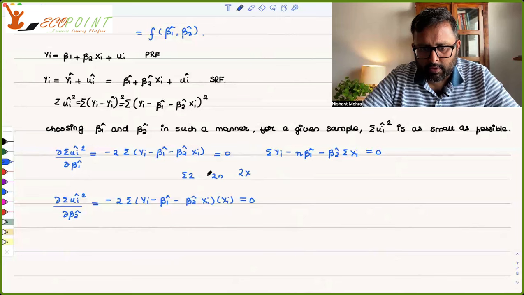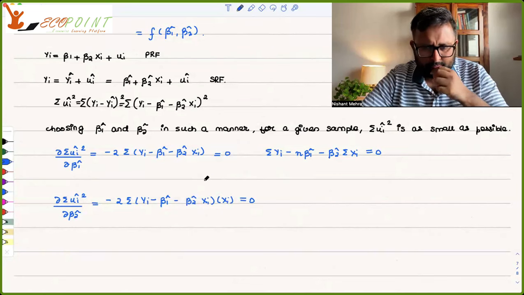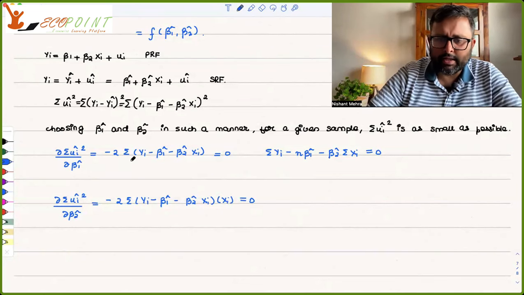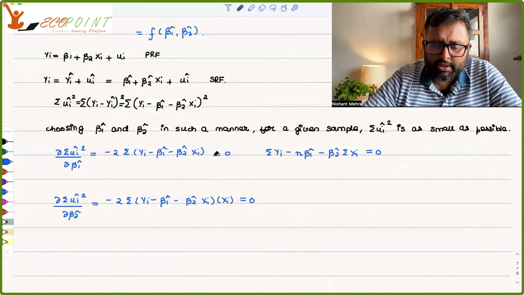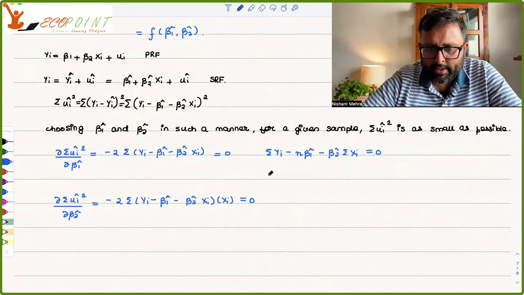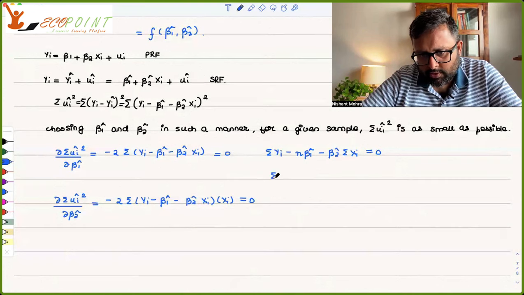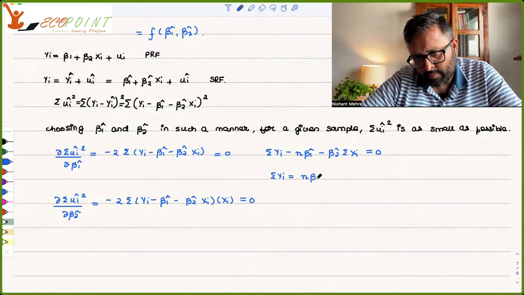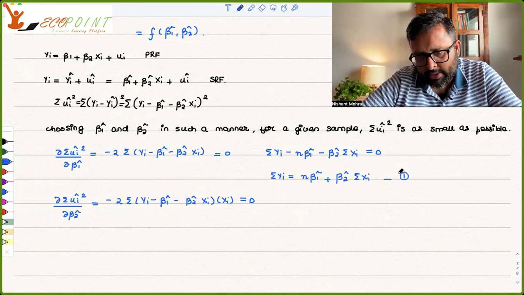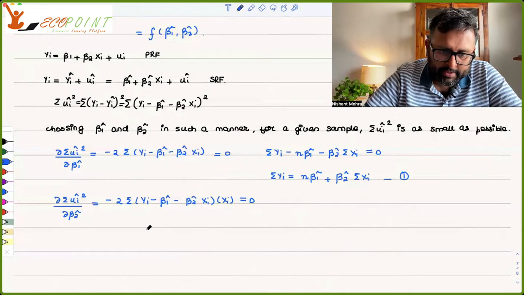I'm sure Vidhi might have covered some summation rules in her introductory statistics lectures; you might have a look at that also. So you can write summation of yi equals n beta 1 hat plus beta 2 hat summation xi, and we'll call this equation 1, right?